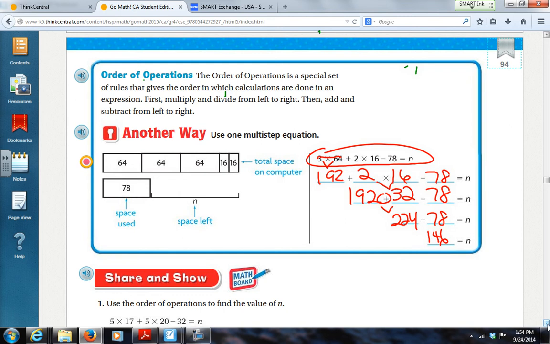Can we do it like this? You multiply 3 times 64, and then you get that answer, and then you add 64 plus 2. No, you never add plus 2.